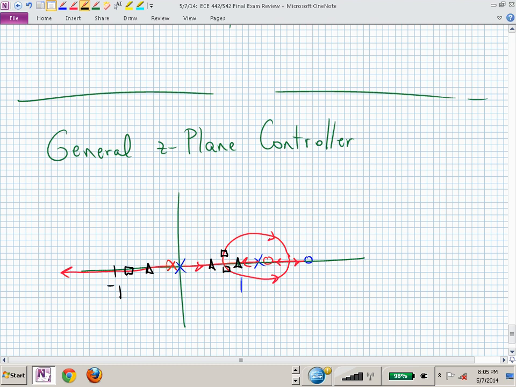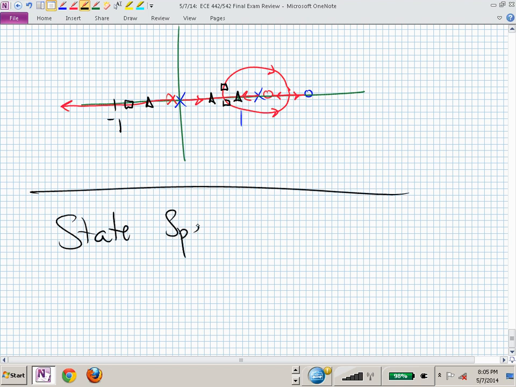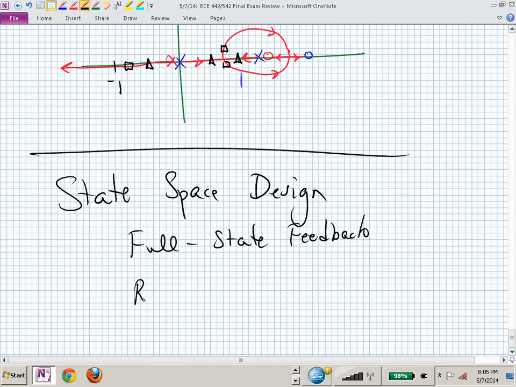Okay, are we good? We have one more topic that I better make sure you're aware of, and I'll just say we've been talking about that. You need to worry about state space design. And what you need to worry about there is full state feedback and reference input. You don't need to worry about integral control, okay?